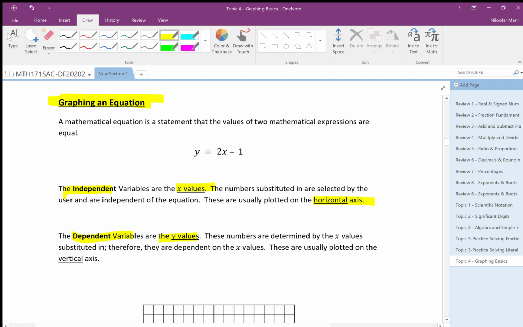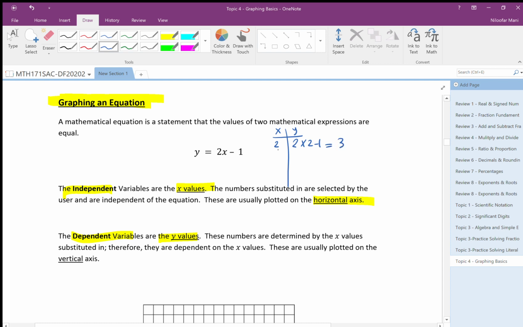What do I mean by dependent variable? Look at here. Here I can choose x = 2. But I cannot say y is 10 because I like it. No, y is 2 times 2 minus 1, which is 3.